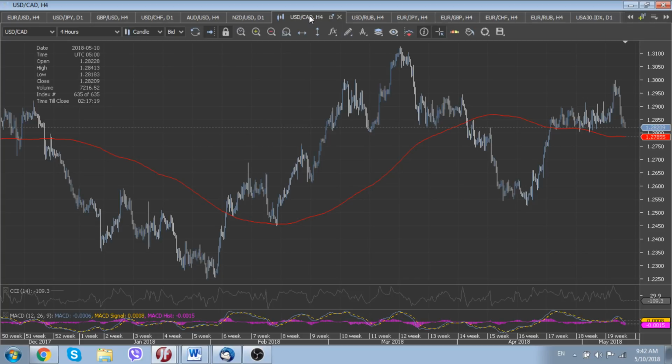Probably in the nearest time it will try to break below 128, and that means that the Canadian dollar should test some lower levels. Our target at the moment is 127, where we were trying to cut our short trade recommendation.